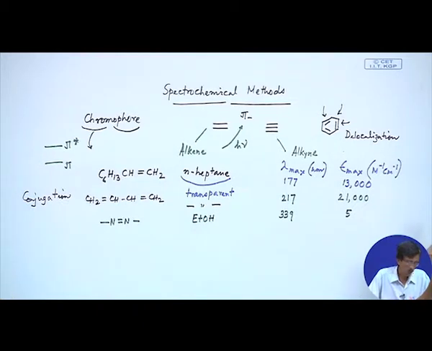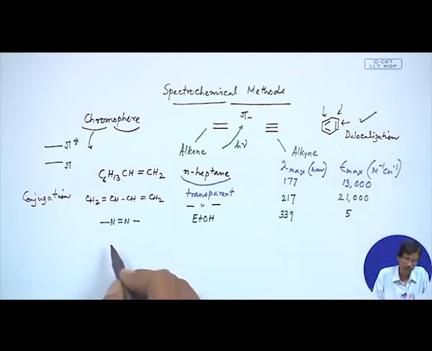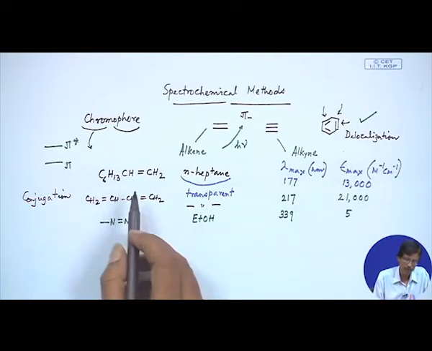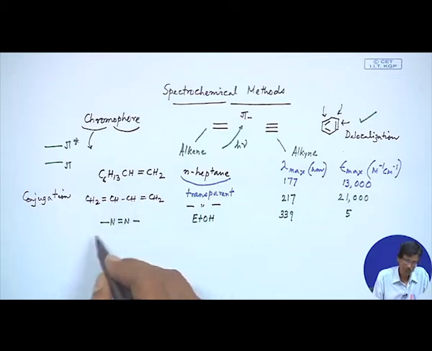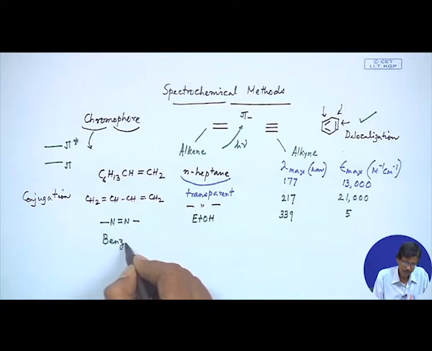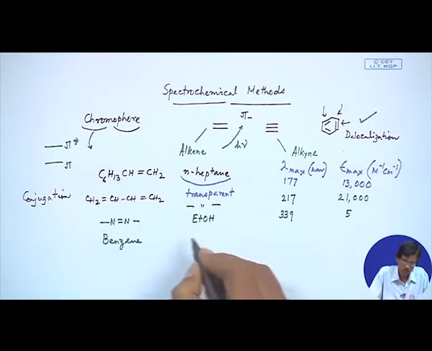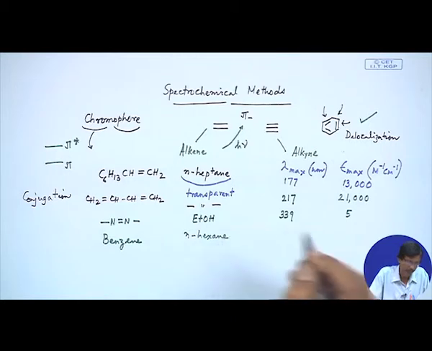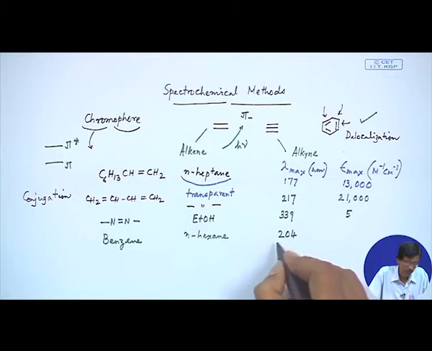Then if we go for the characterization of benzene, whether we have benzene in the solution or some other compound, the aromatic compound like our benzene can be characterized when it is studied in hexane. It has two characteristic bands at 204 and 256 nanometers.